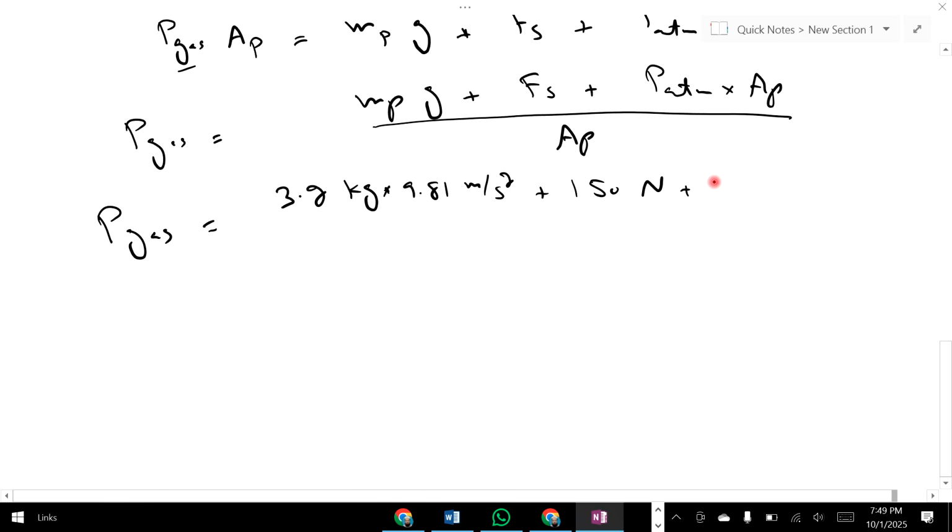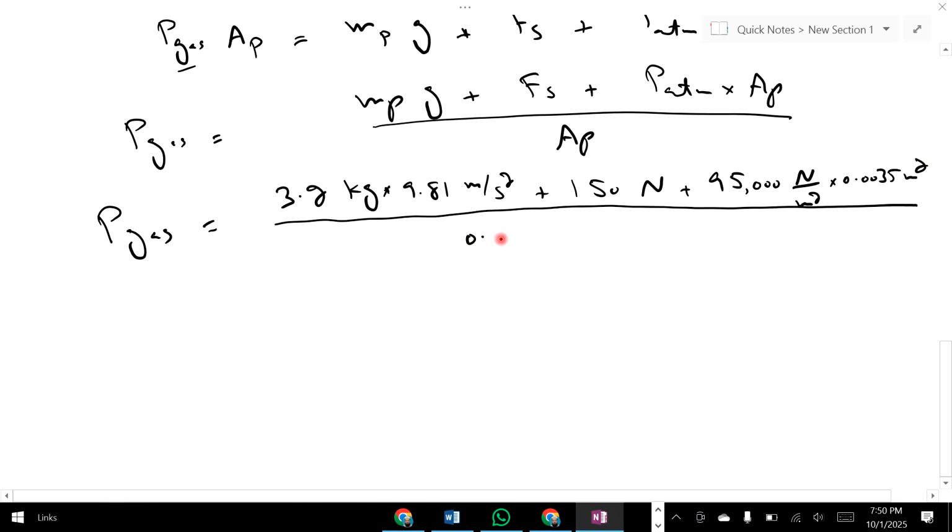So PATM is 95,000 Newton per square meter, and area of piston is 0.0035 square meter, all divided by area of piston, 0.0035 square meter.